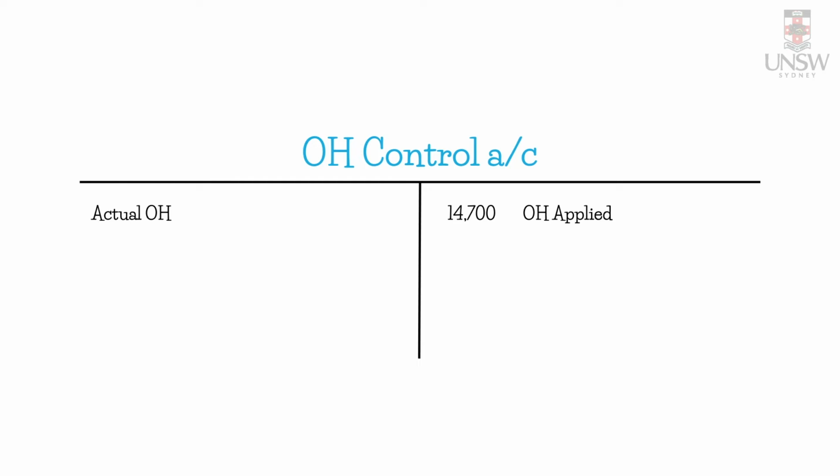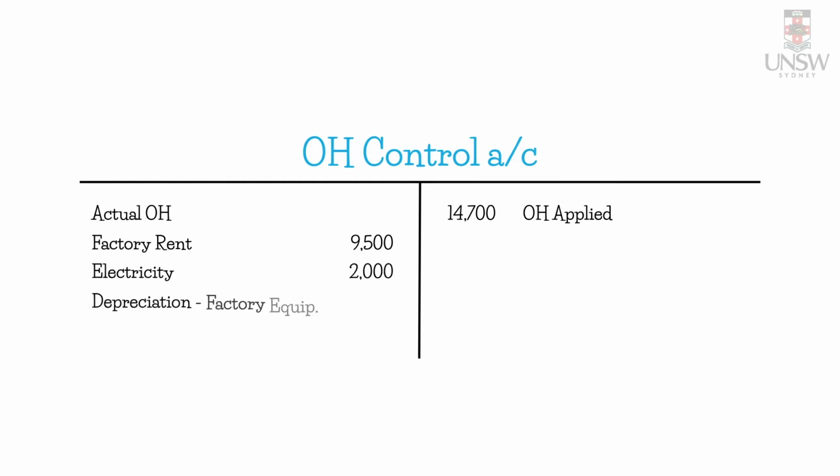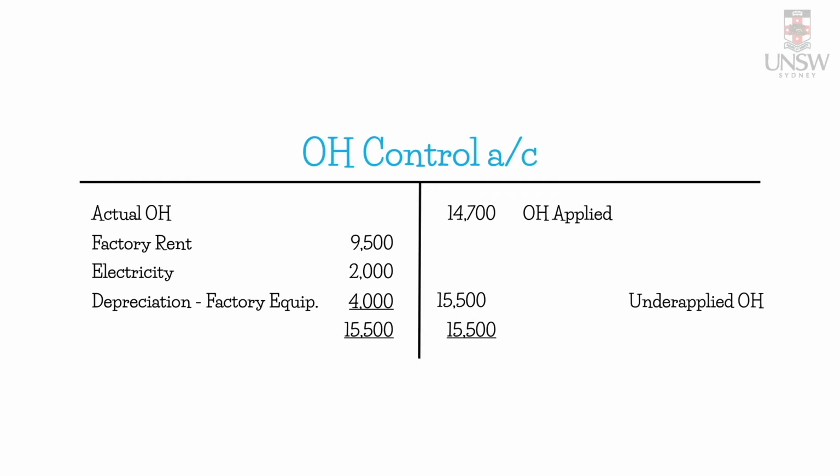The debit side, our actual overheads, include the factory rent, $9,500, electricity, $2,000, and depreciation of factory equipment, $4,000. So our actual overheads total $15,500. Our applied overhead was $14,700. So we have under applied overhead: we applied less than was equal to the actual.